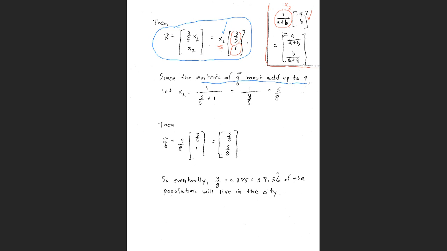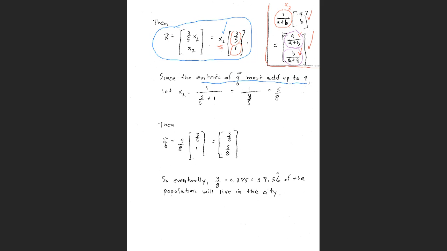Make x2 be 1 divided by the sum of the entries. Because if you do that, you get the vector with first entry a over a plus b and second entry b over a plus b. And if you add these two entries, you get a plus b over a plus b, which is 1.